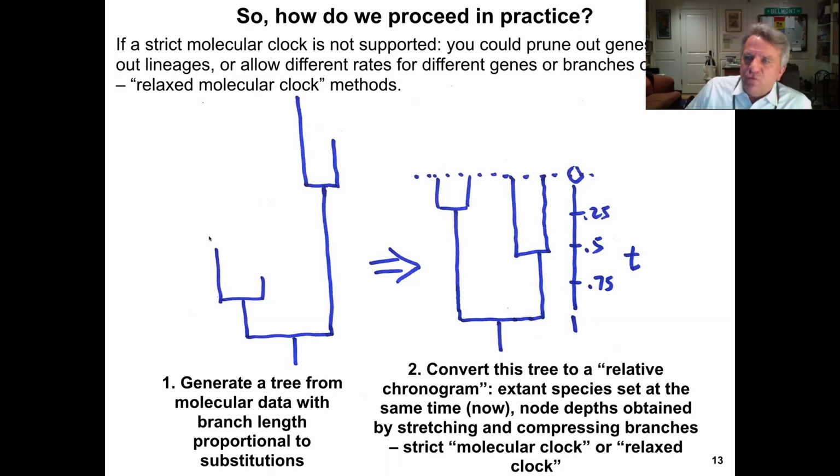But basically what we do is take this DNA sequence inferred phylogeny and convert it to a relative chronogram, where now all of the living species are set at the same time, the present day, and the nodes and branches are estimated by stretching or compressing, either through a strict molecular clock, where we assume that all lineages have the same rate of evolution, which, as you can see here, we would reject, or using a relaxed molecular clock approach.